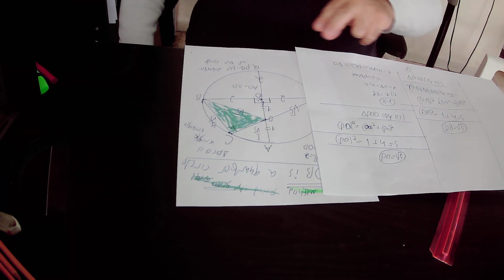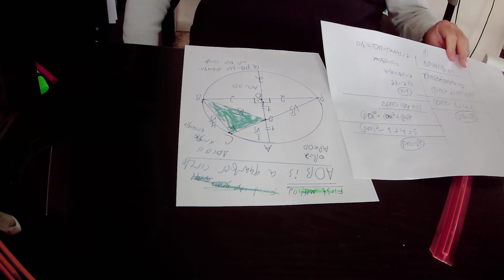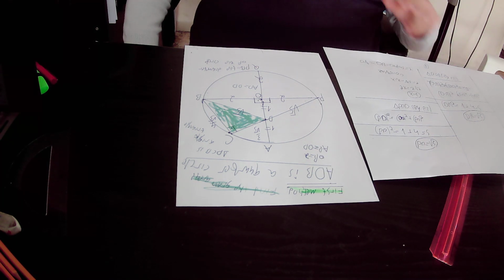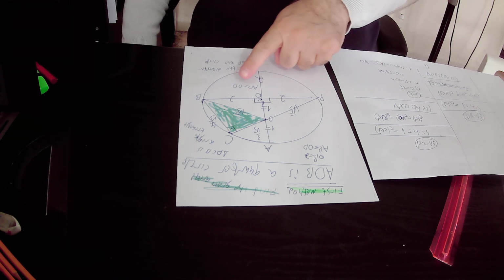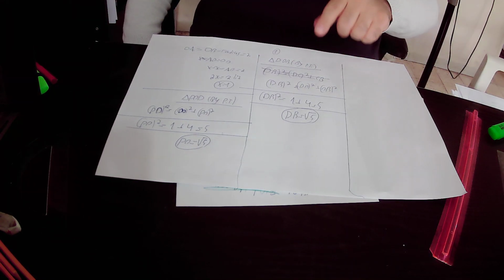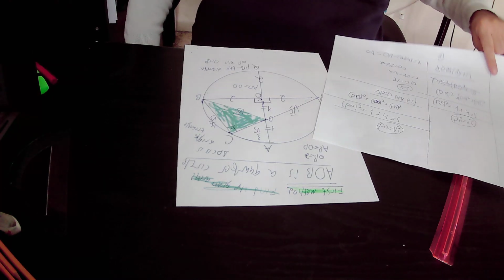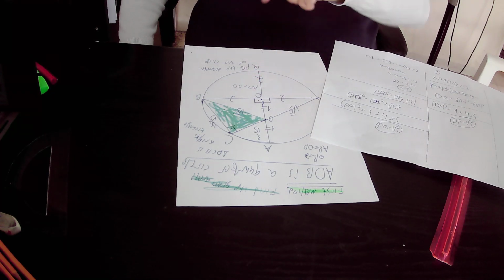DO is 1, so DO squared is 1, plus OB squared. OB equals 2, so OB squared is 4. So we found that DB squared equals 1 plus 4, that is 5. We took the root of this equation and found that DB equals the square root of 5 units.